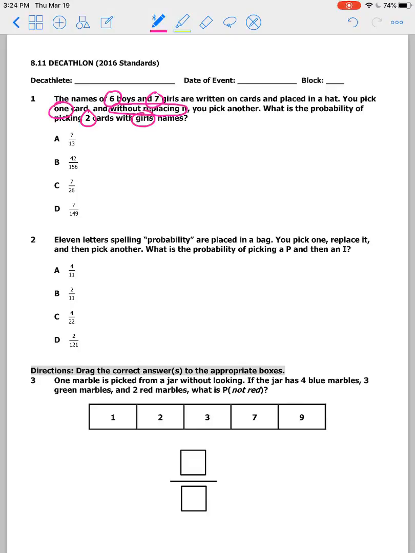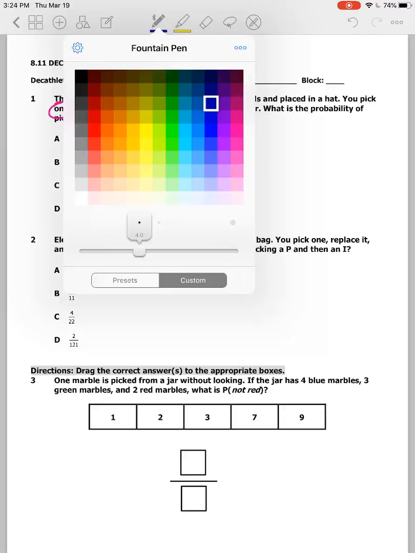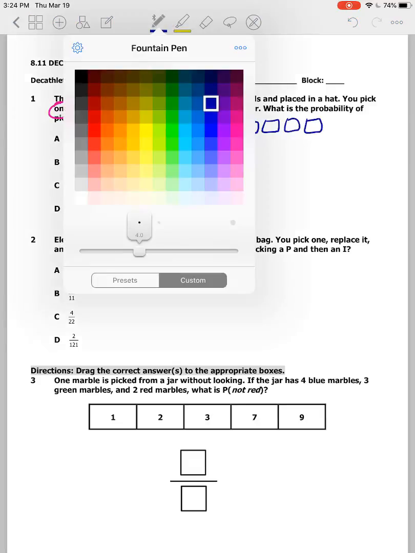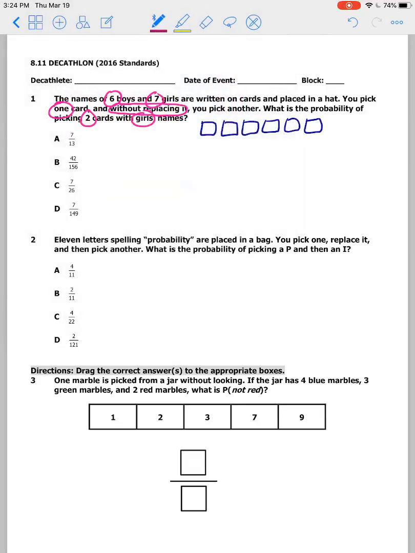So in this situation, we have 6 cards that have boys' names. 1, 2, 3, 4, 5, 6. And we have 7 cards that have girls' names. 1, 2, 3, 4, 5, 6, 7. So we have 13 cards that we could pull out of this hat.